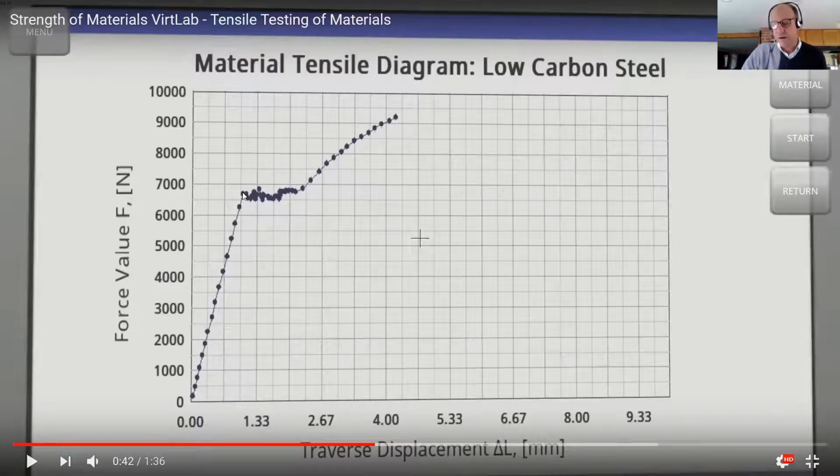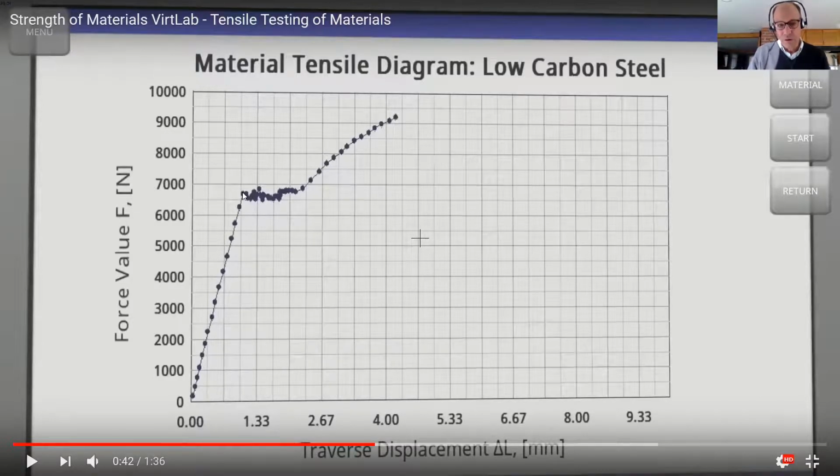I'm going to tell you right now the modulus of elasticity for low carbon steel is 100 gigapascals. The modulus of elasticity, which is really the slope of the line on the stress strain curve, right, is 100 gigapascals.